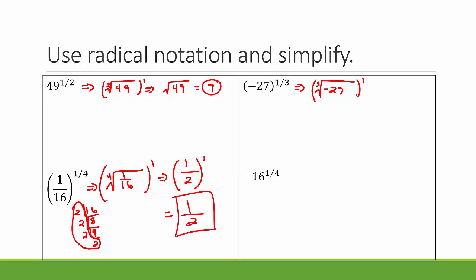Yes, we can. Cube root of -27, we're trying to find a number that we can multiply times itself 3 times that would give us -27. -3 times -3 times -3 is -27. So the cube root of -27 is simply -3. And -3 to the first power is still -3.